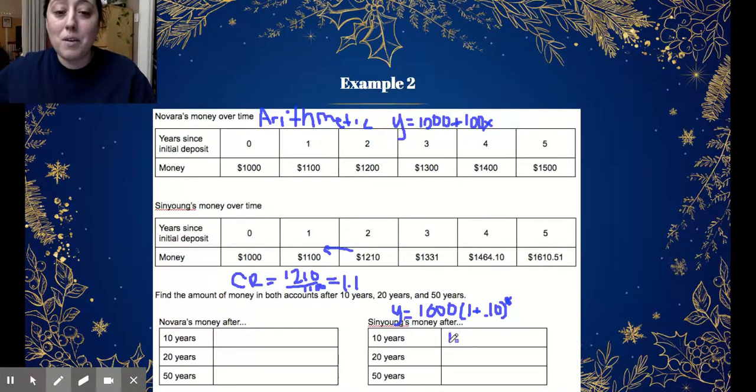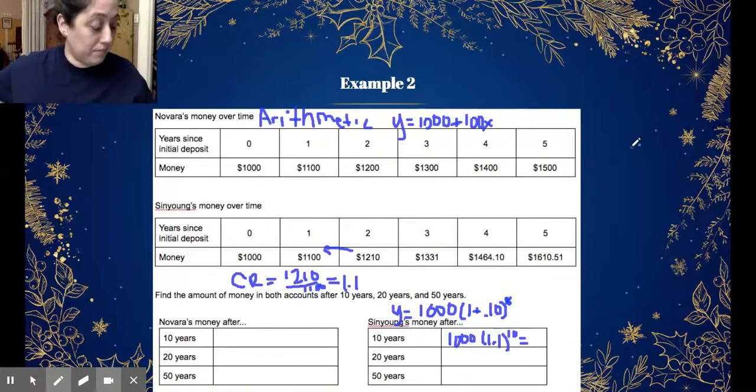So that would be 1,000 times 1.1. That's the same thing: 1 plus 0.10, or 10%, is 1.1. And I can just replace the exponent with a 10. I don't even know if I have an exponent on my calculator.